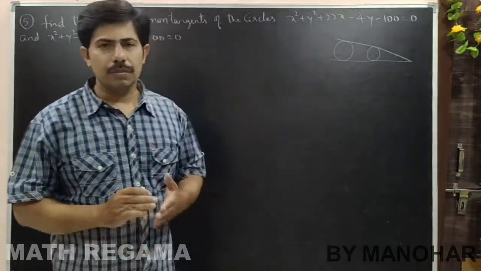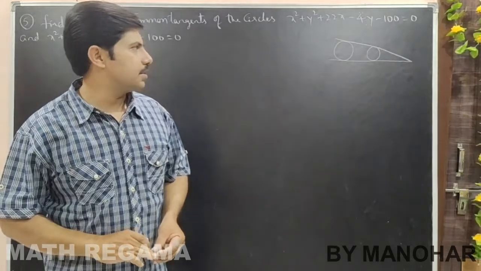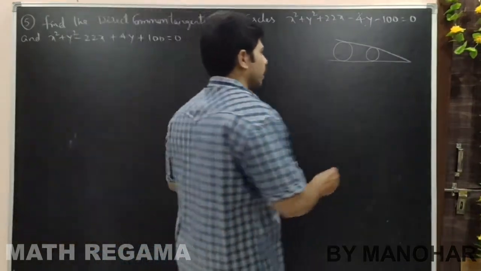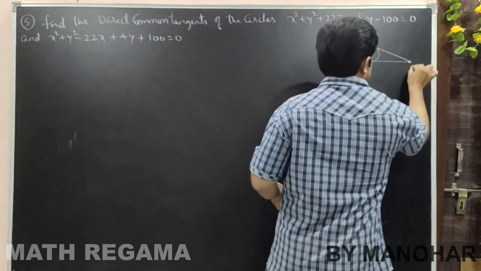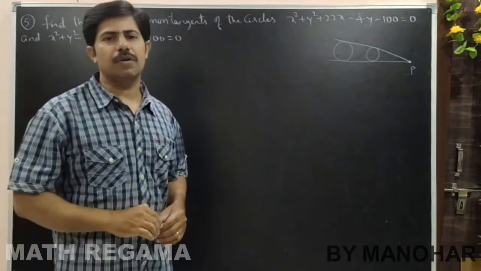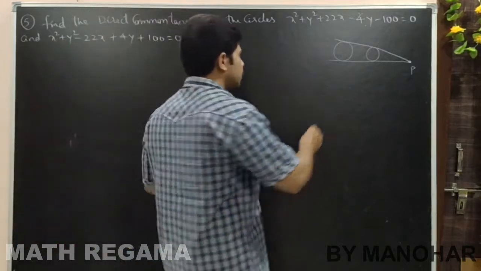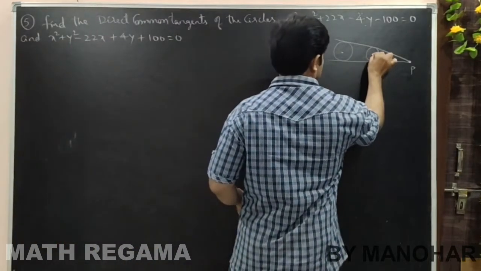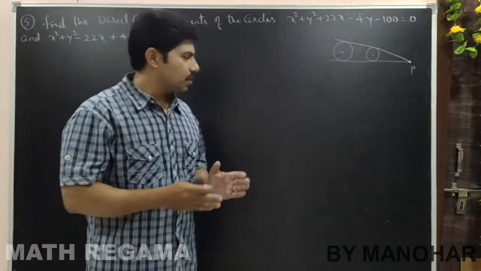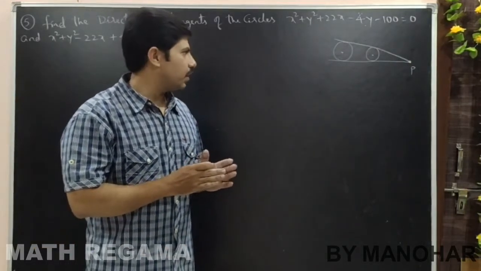Before finding these two direct common tangents, one more thing we have to see is this point P. This point P is nothing but the point of intersection of the direct common tangents. Now these are the two centers, and that is the point P, the point where the tangents meet.